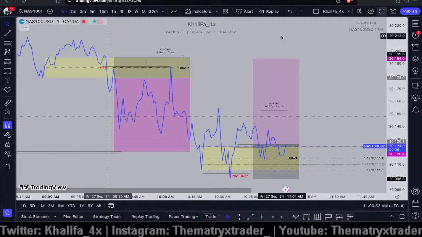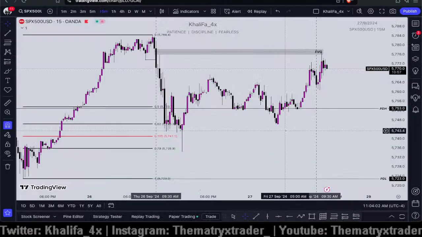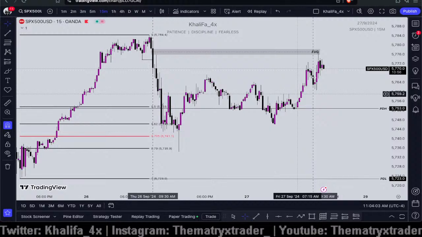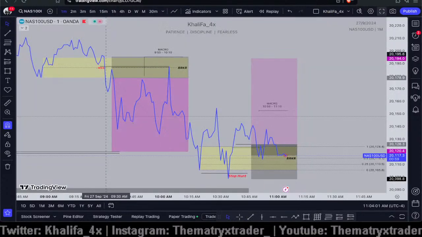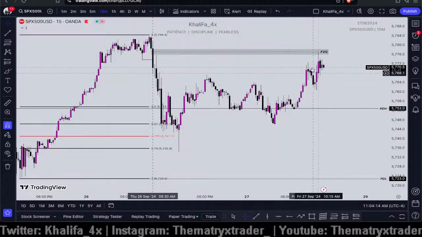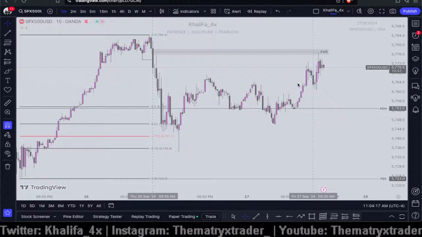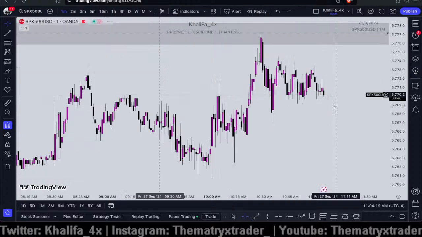Okay, SPX is showing willingness to go for short. You see, I told you I don't see any confirmation to go for long in the SPX.